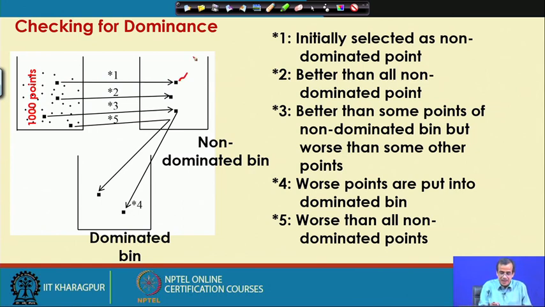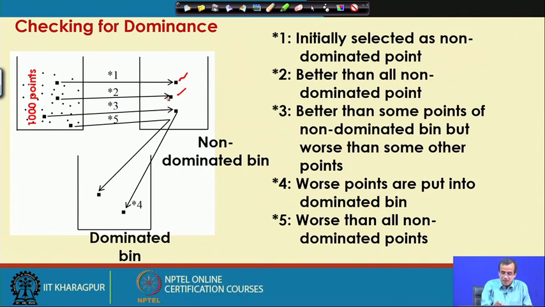Okay. Next, we go for the second solution. Once again, this second solution is selected at random out of the remaining 999 points. Any one of these is selected as the second point, and this second point is brought here to the non-dominated bin for the purpose of comparison.